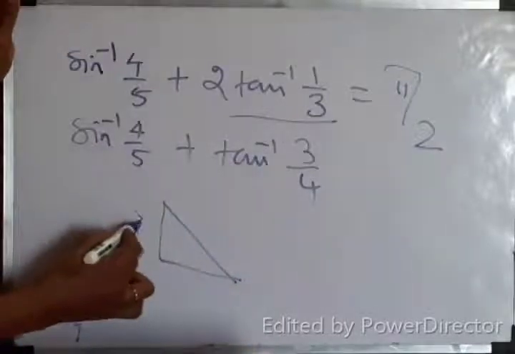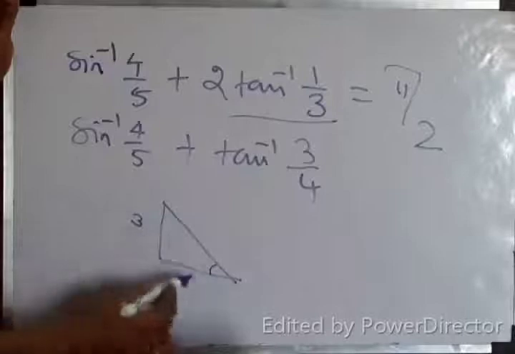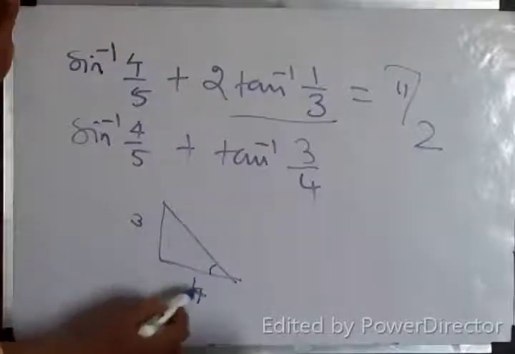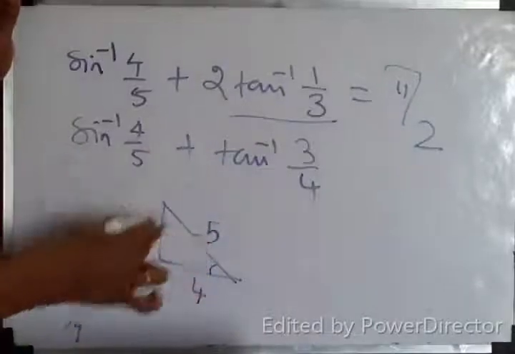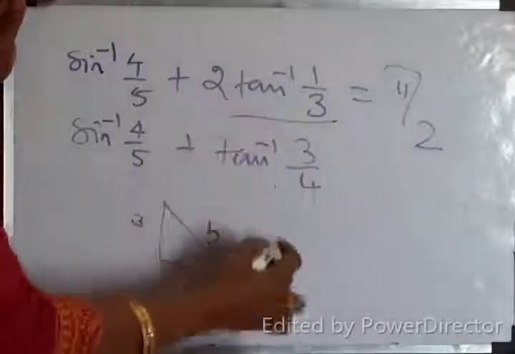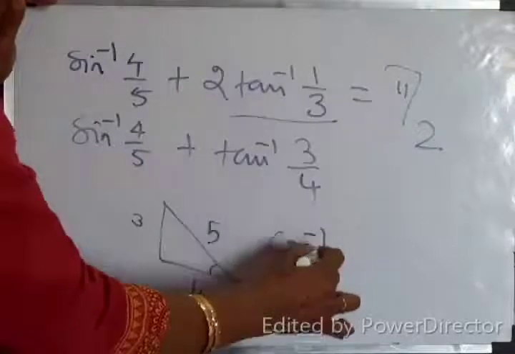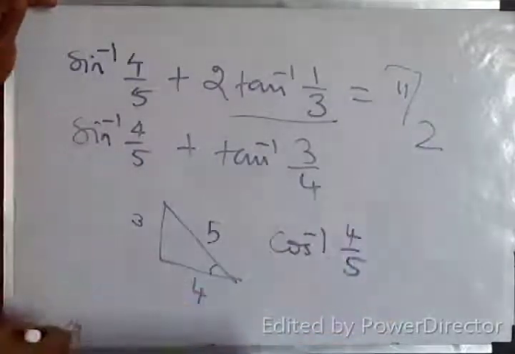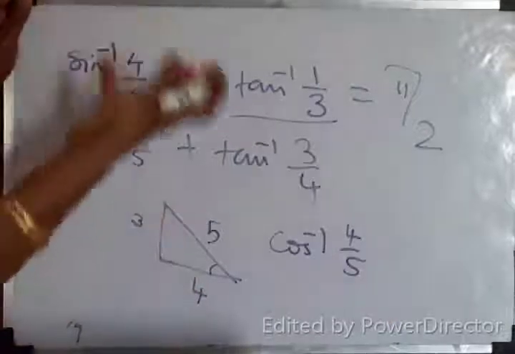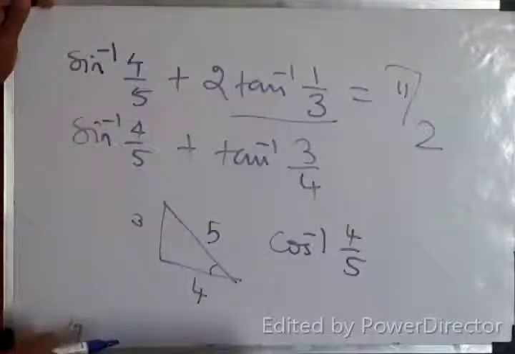This is opposite, fix the angle here, this is adjacent. What is my hypotenuse? 5. So instead of tan inverse 3 by 4, I can write cos inverse 4 by 5.